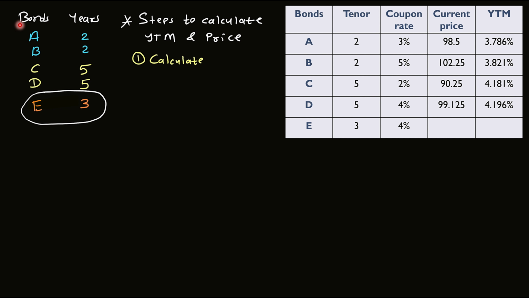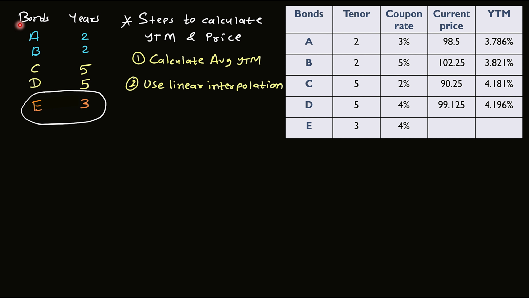Once we have the average yield to maturity, then we can use linear interpolation, and we'll talk about linear interpolation here in a minute.